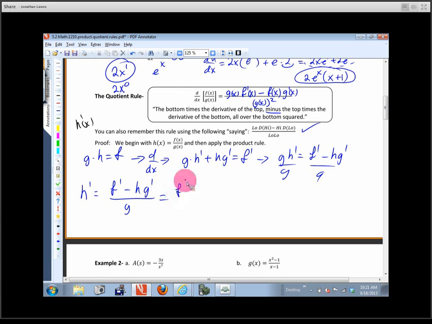So we're going to do f prime minus what h is equal to. H is equal to f over g, times g prime, over g. Why don't we like the h? Because h is defined in terms of f and g, so we might as well get everything over here in terms of f and g. What do I do next?